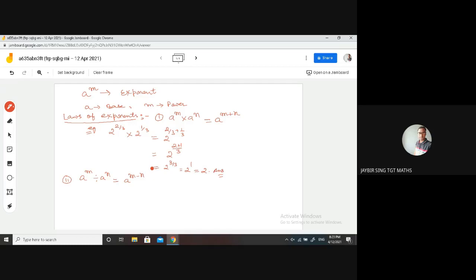Suppose I am having 7 to the power 1 by 5 divided by 7 to the power 1 by 3. Now if we'll apply the second rule, it will be 7 to the power 1 by 5 minus 1 by 3. Now you can solve this.